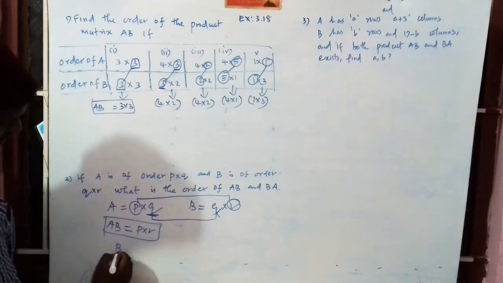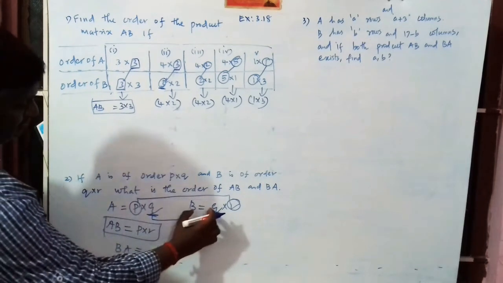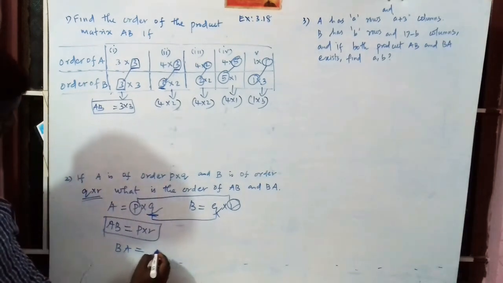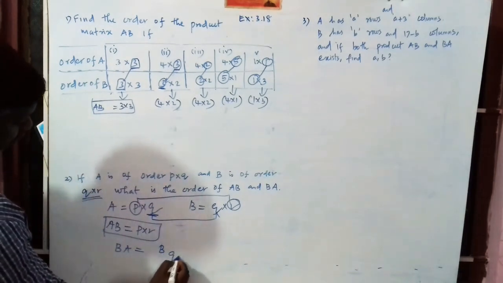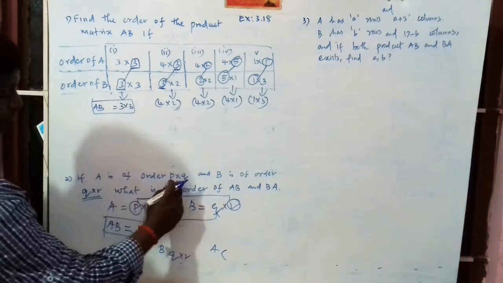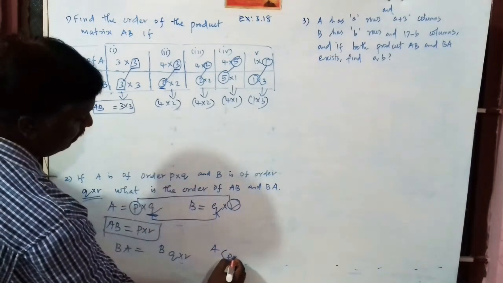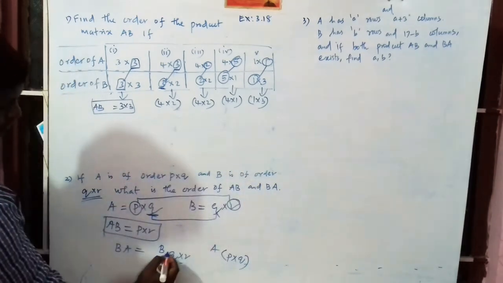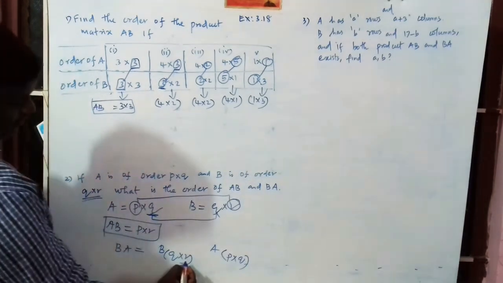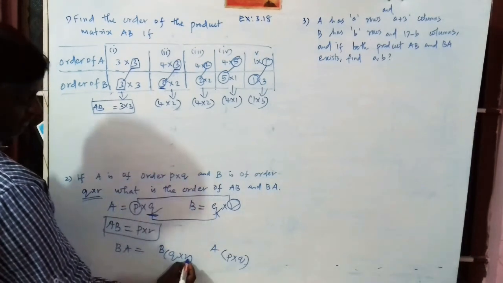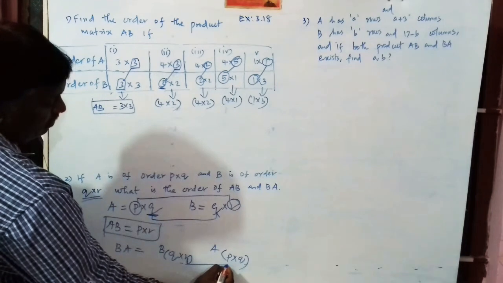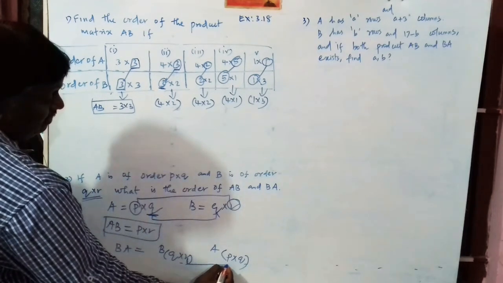Next, BA. B has order Q by R and A has order P by Q. Now check the condition: the number of columns in the first matrix must equal the number of rows in the second matrix.